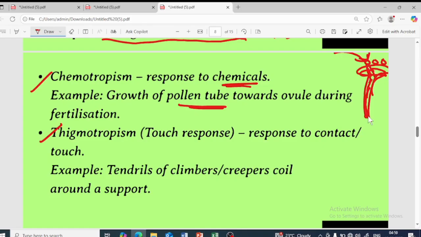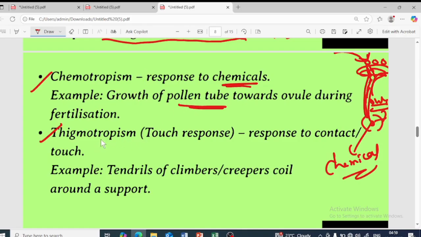It will reach a place where the ovule is present. Why is the pollen tube going towards the ovule? Because in the ovule some chemical is present. Because of that chemical, this pollen tube will be growing towards the chemical present in the ovule. So hence it shows which tropism?